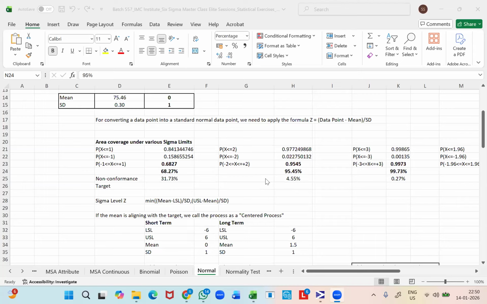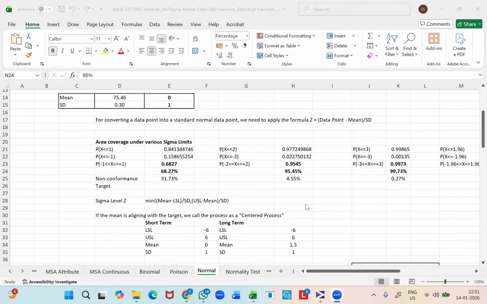We also understood the same. If the process adherence to the customer specification is to the extent of 68.27% of the overall production, then the process is said to be functioning at 1 sigma level. 95.45% adherence, 2 sigma level. 99.73% adherence, it will be 3 sigma level.